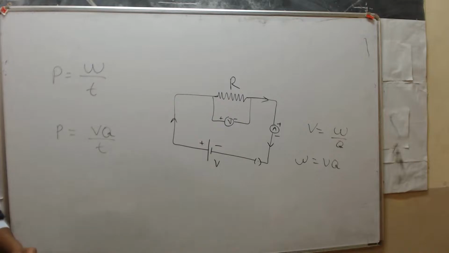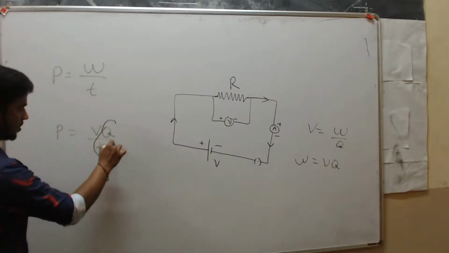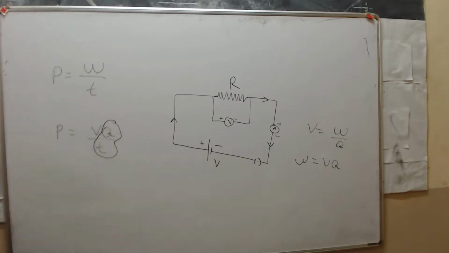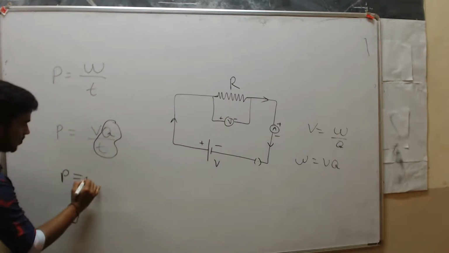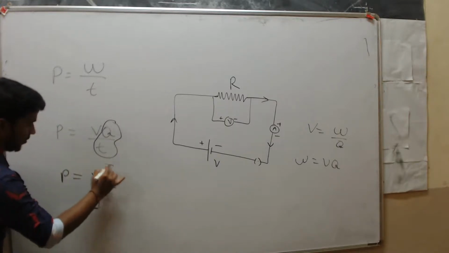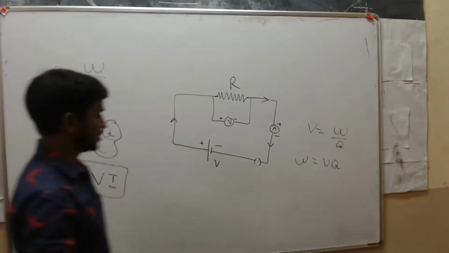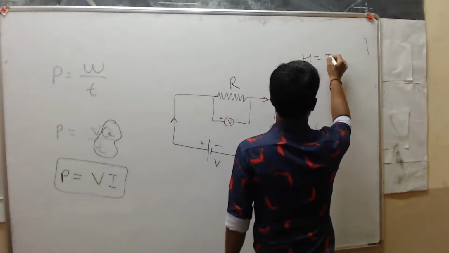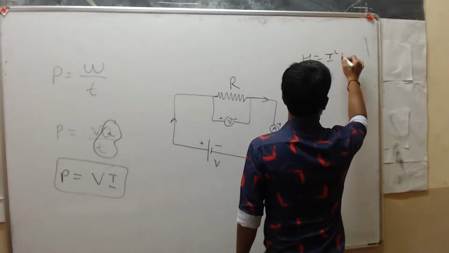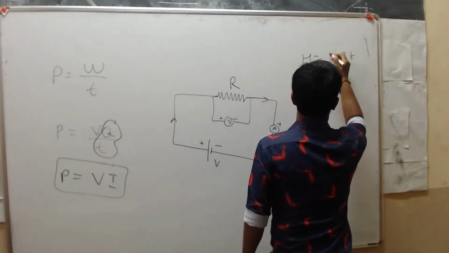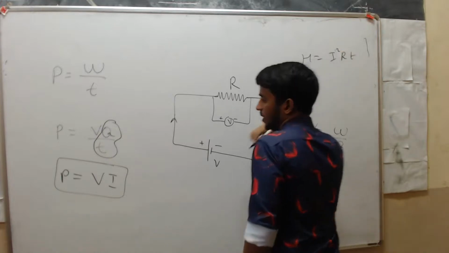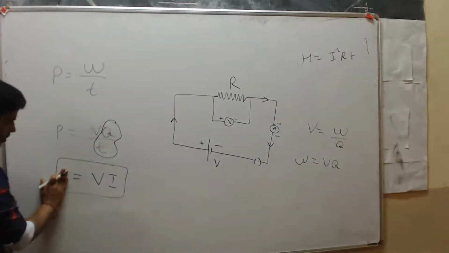Now just observe here. What does it represent? Q by T, that is current I, correct? So now you can write power P is equal to V into I. But we need this relation, H is equal to I square into R into T. This formula is also very important.